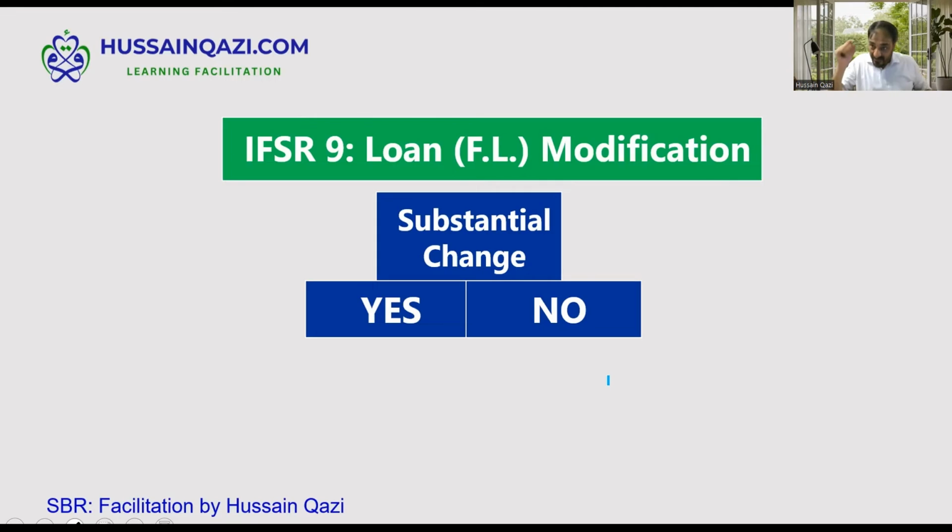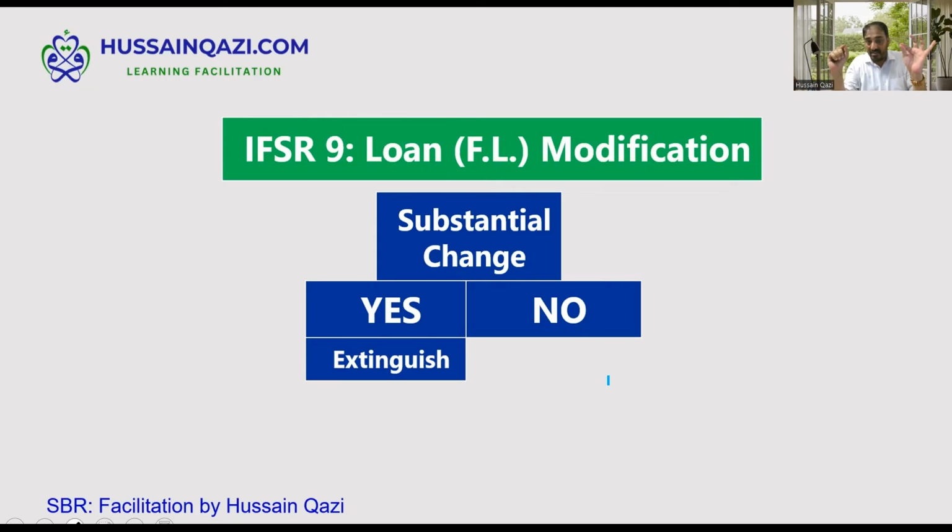So if we are going to assess the substantial change, and if the modification becomes substantial, that's called yes, we will declare the accounting of loan modification called extinguish accounting. What is that name? Extinguish accounting.